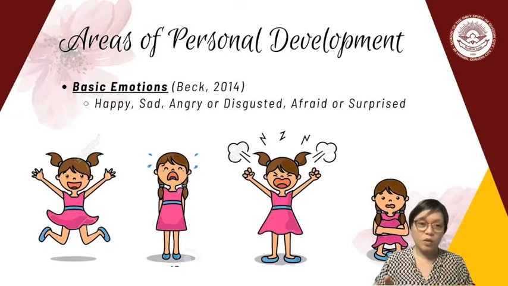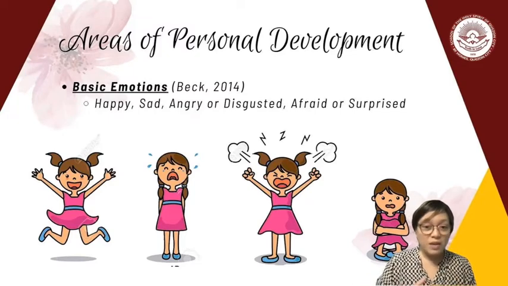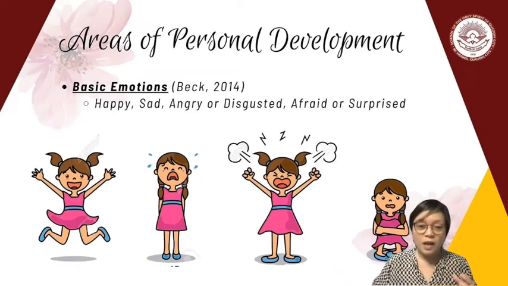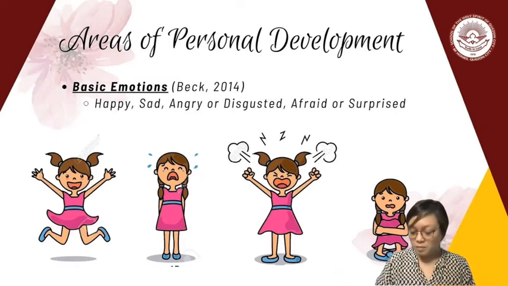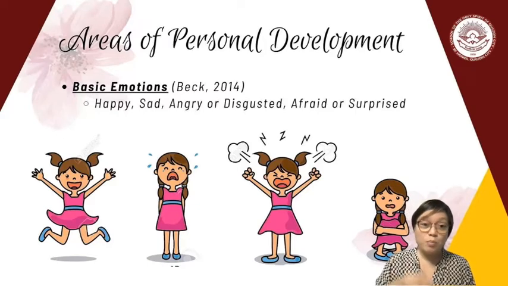These are separated now, but basically it can be considered as one, and then afraid or surprised. So these are the basic emotions, but there is also a whole range of emotions that can be interpreted in between these basic emotions. So these are just the basic, and there are a lot of in-betweens.